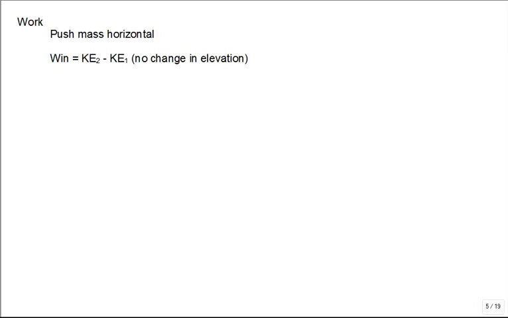True? Work. Think about work pushing a mass without worrying about gravity. Just push it horizontally in a gravitational field. So just pushing it along, okay? Now, you might push it where there's some friction.